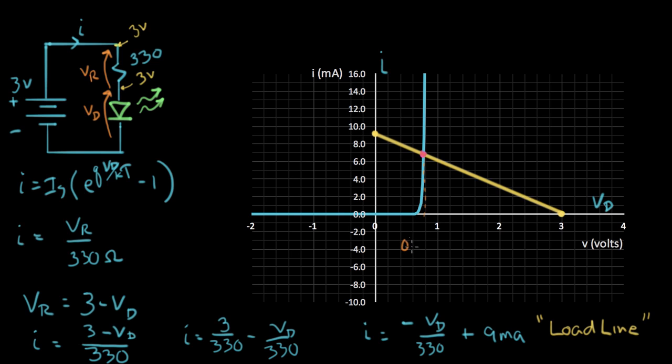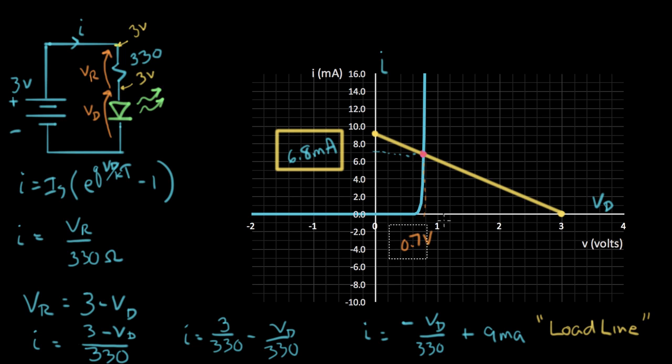Right there is about 0.7 volts. And the current, if I read it off straight across there, is about 6.8 milliamps of current.